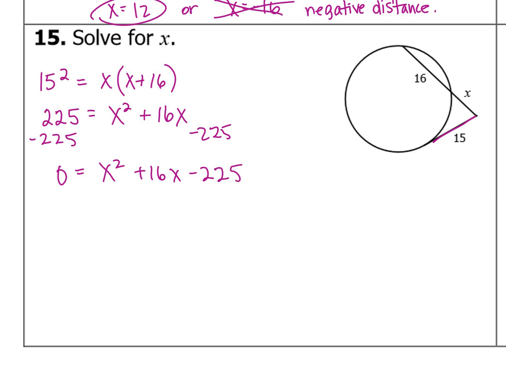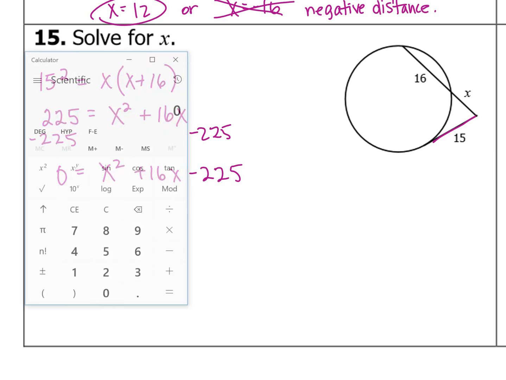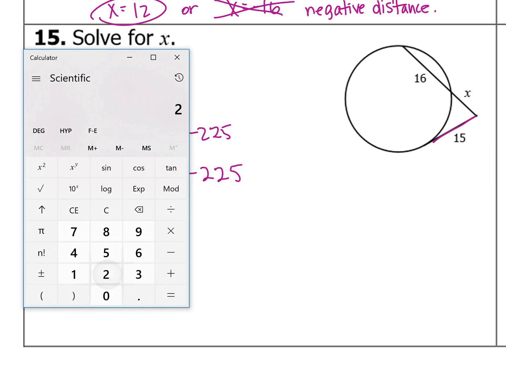All right, so I need factors of 225 whose difference is 16. So possible factors of 225. I'm going to start with 25 because that looks like it could be a good number there.